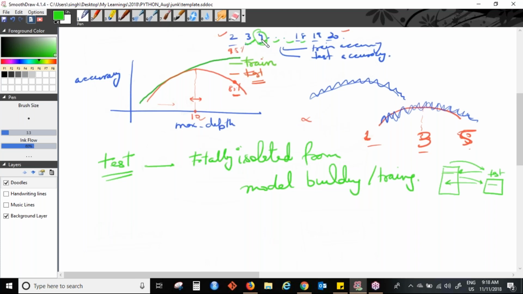How did we know that? Because we went to the test data, saw its accuracy there, and realized it is not good. Then we came back and did 5, then 6. We did it at all these numbers and then realized that at 10 it is the best. So this is like cheating, right? Because we are going into the test data, looking at what the accuracy is, and then coming back and changing the numbers again. Do you understand, guys?